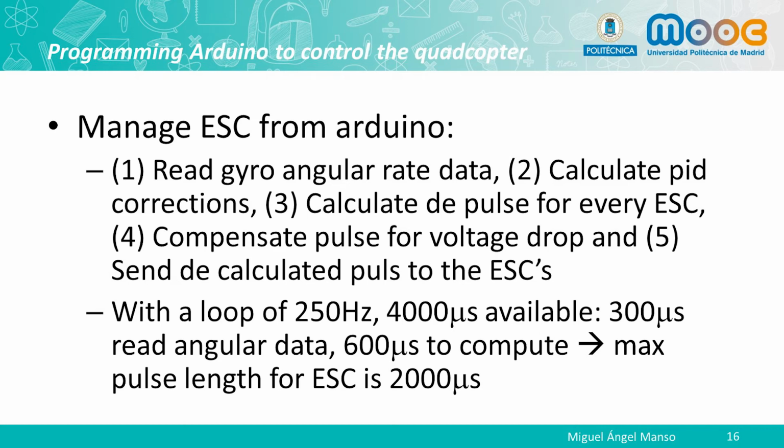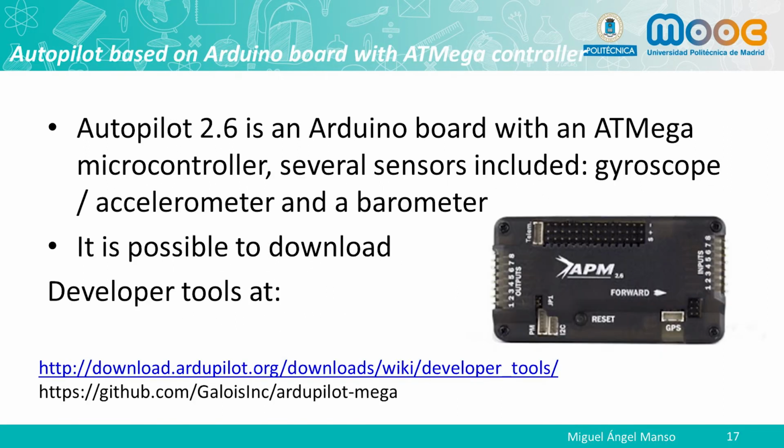With a loop of 250 Hz, 4000 microseconds are available: 300 microseconds to read angular data, 600 microseconds to compute, and then the max pulse length for ESC is 2000 microseconds.